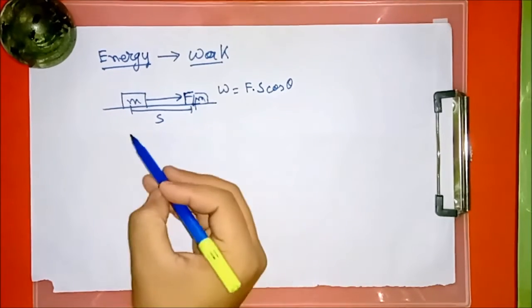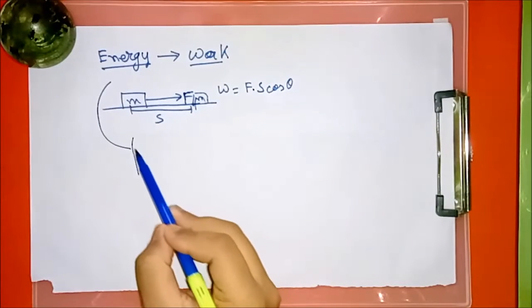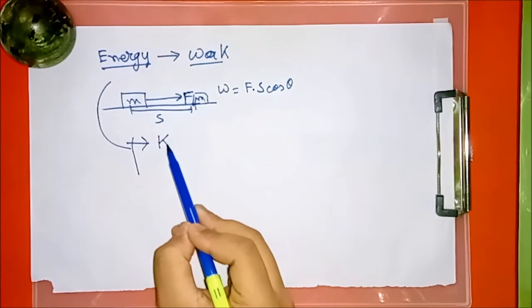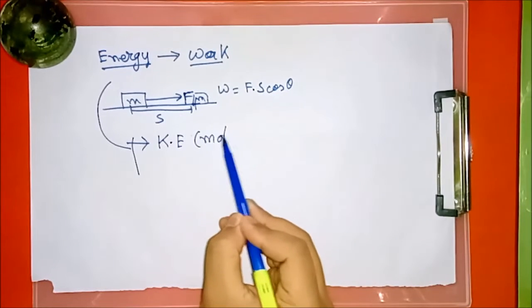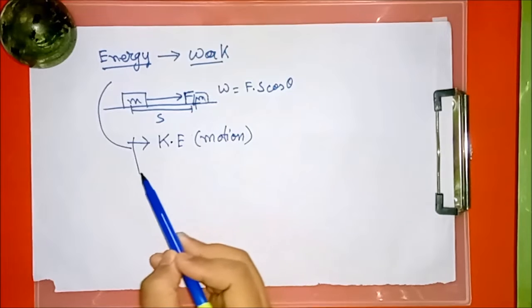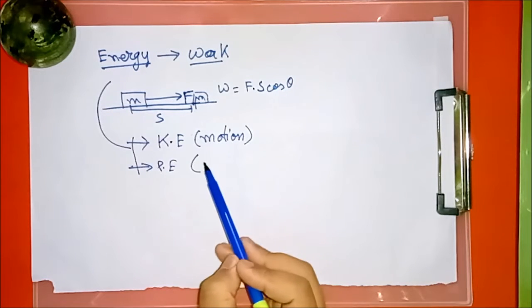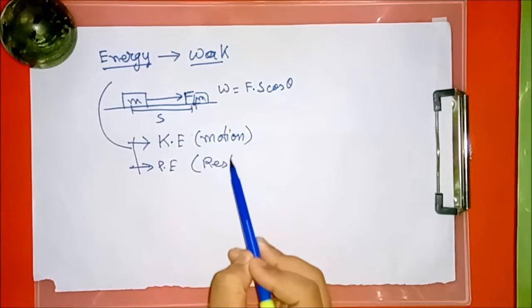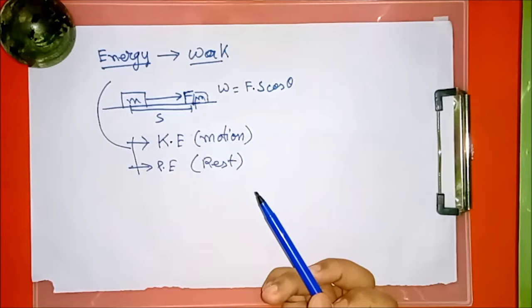Now energy is basically of two types. The first one is kinetic energy, or the energy associated with the motion of a body, and secondly we have potential energy, which is associated with the rest position of a body.